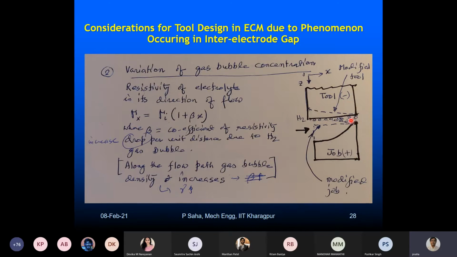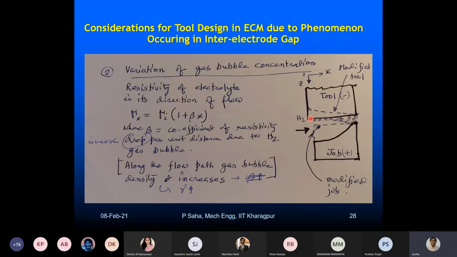Now it may so happen that because the electrolyte is entering from the left and exiting through the right, normally at a high pressure, some of these gas bubbles on the cathode surface, which create a blanket, get drifted and shifted. So the distribution of these hydrogen bubbles across the gap will not be uniform.